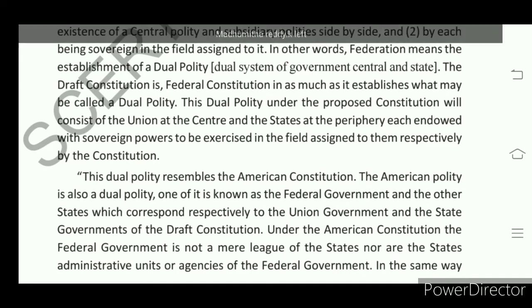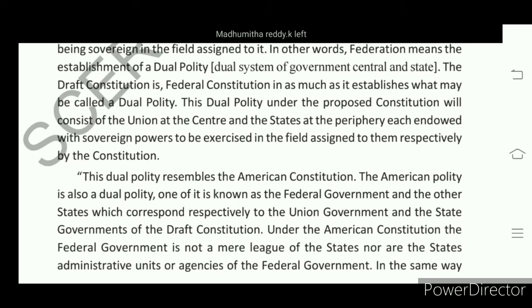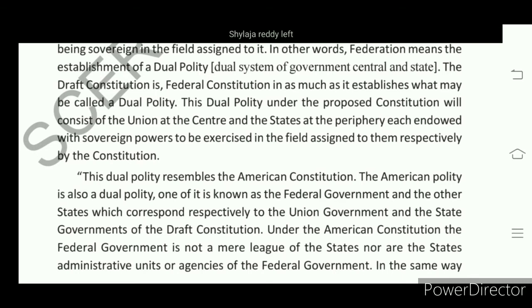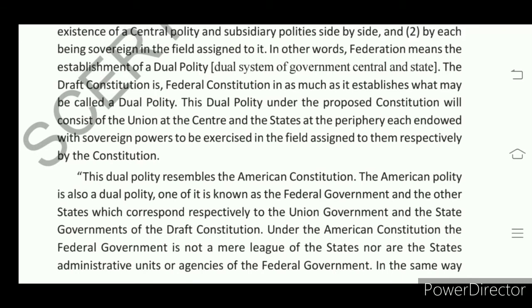So which is to be followed while implementing the law? Whether the national laws made by the union government, which are applicable for the entire nation, or the laws of a particular state in that particular state, which is a part of the nation. So there is confusion and difficulty.